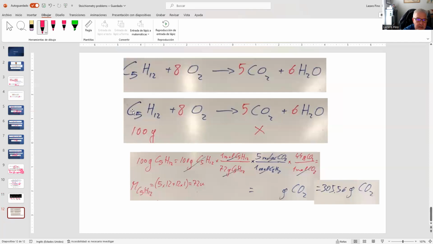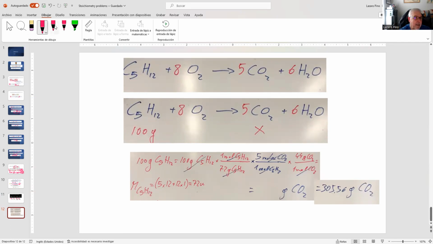These are the coefficients in front of the equation. This is the ratio. And later you convert these moles of carbon dioxide into grams of carbon dioxide, multiplying by the molar mass of carbon dioxide. Then the answer is, from 100 grams of pentane, you can produce 305.56 grams of carbon dioxide.